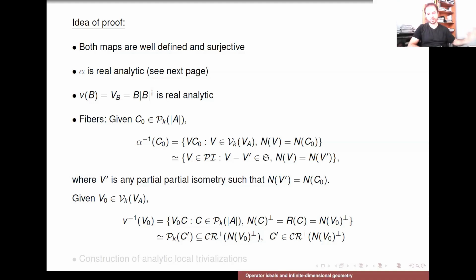And it turns out that this is isomorphic to an orbit, but in a smaller subspace. We have to consider here the orbit of C prime, where C prime is a fixed closed range operator in a smaller subspace given by our fixed point V0.